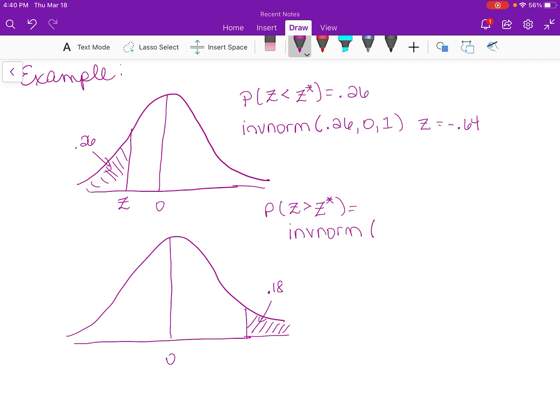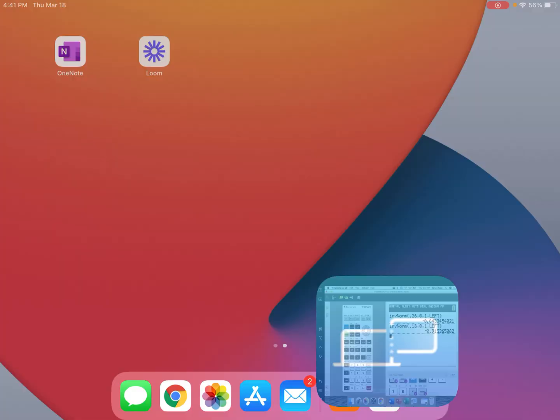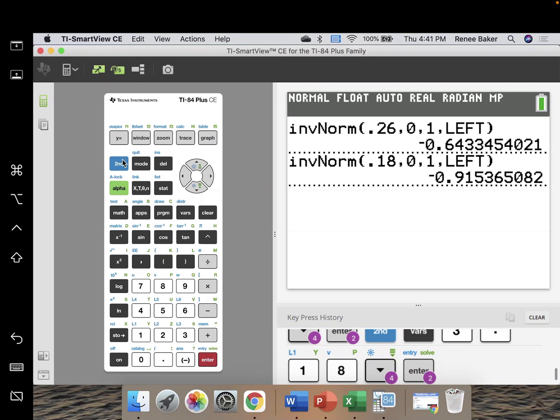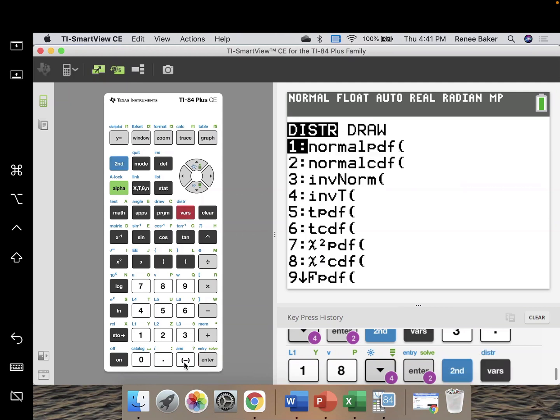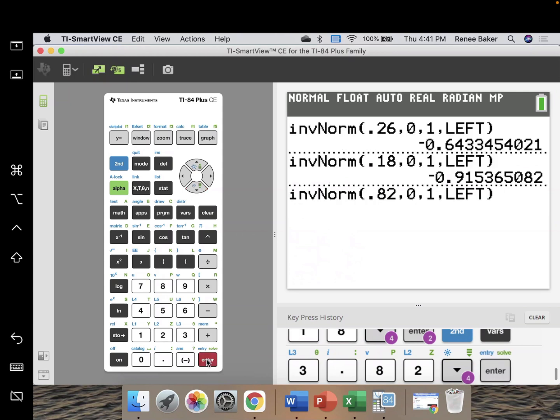That's why you have to do 1 minus 0.18 here. So you put in 0.82. When you do that on the calculator, second vars, 3, if I use the 0.82, then I get positive 0.92.